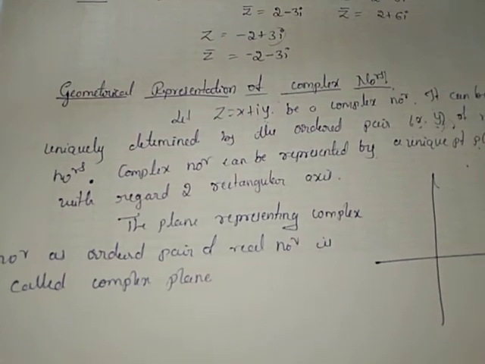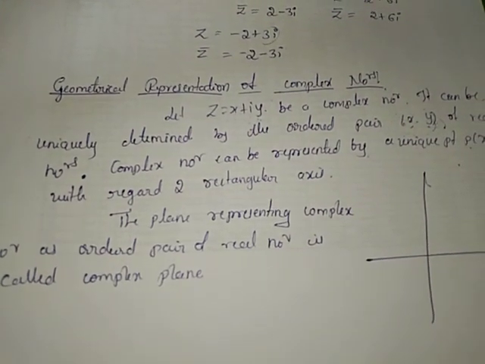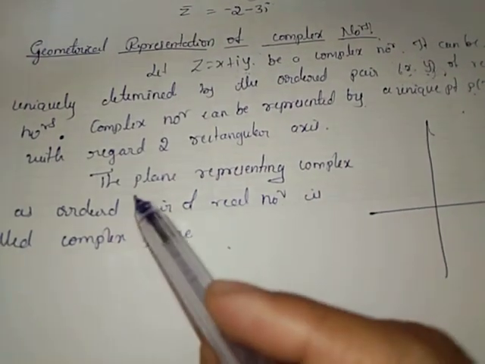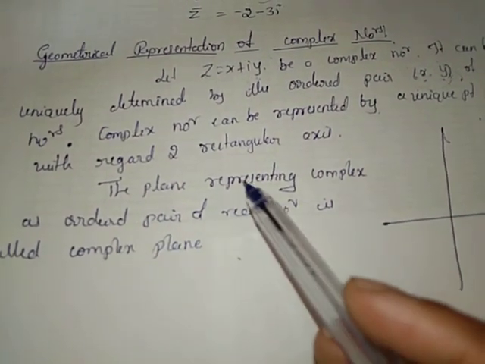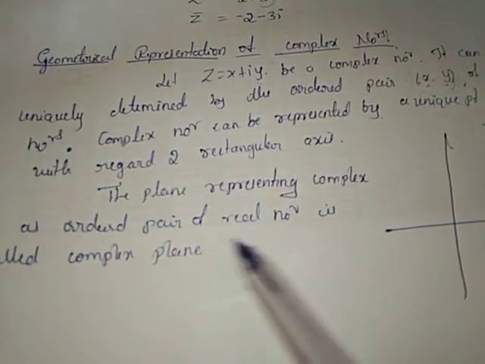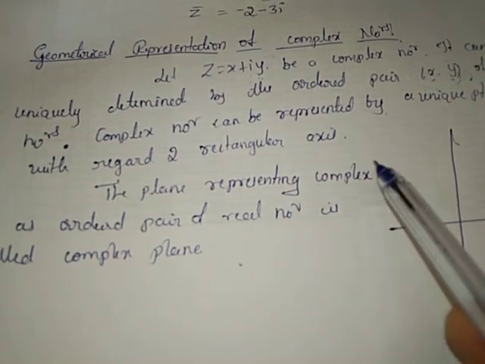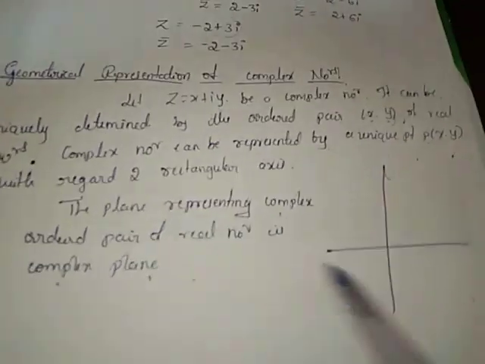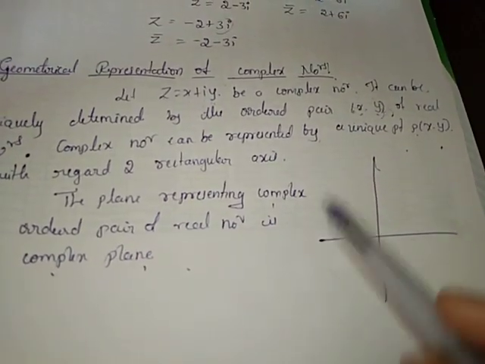Simply, we know the xy plane, where we represent the point P having the coordinates x and y. In the same way, if we represent the ordered pair of real numbers of the complex number, that plane is called the complex plane.